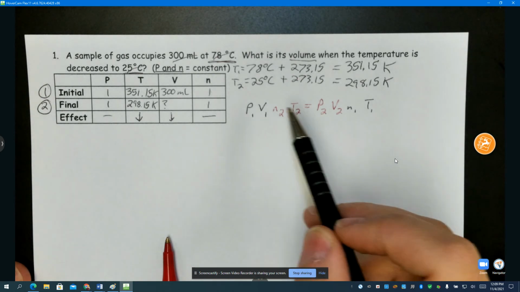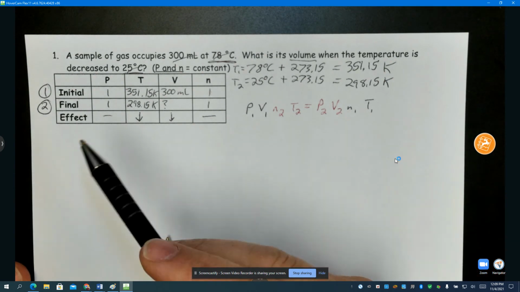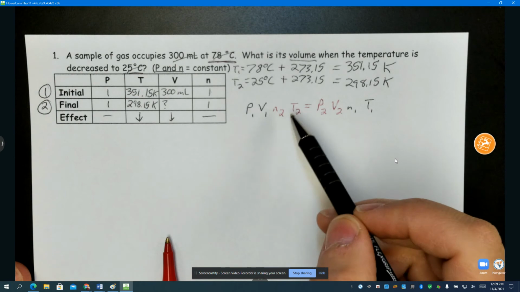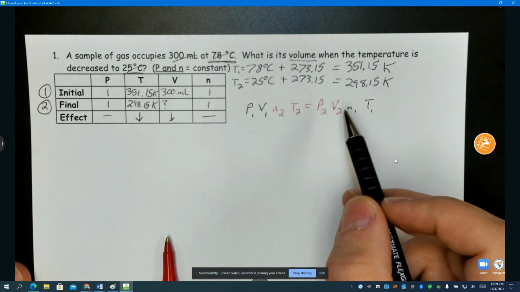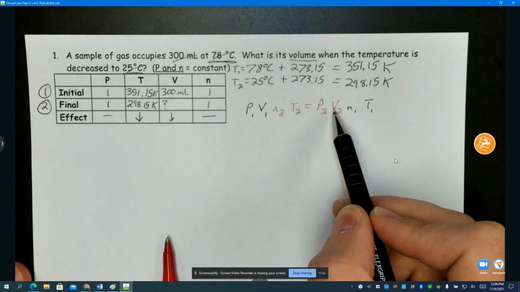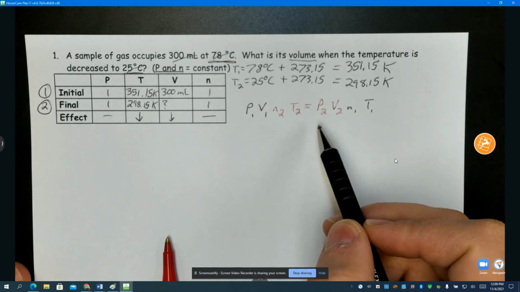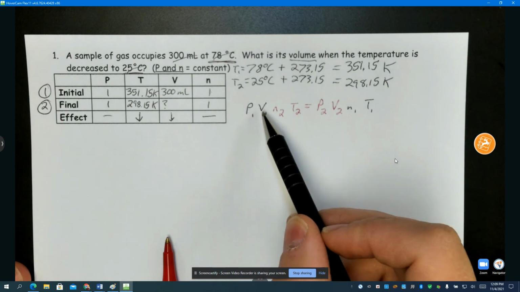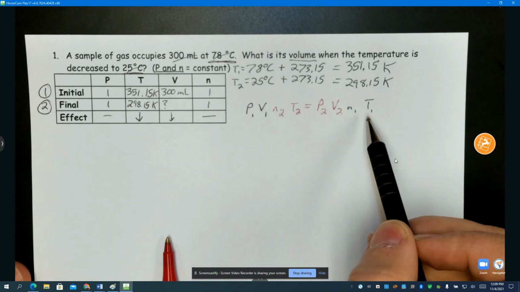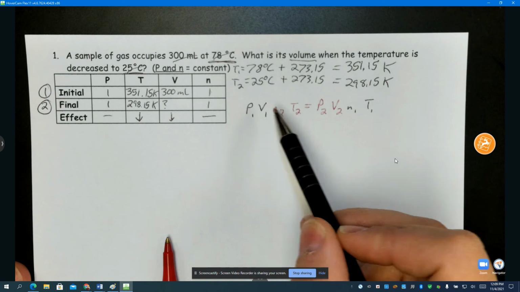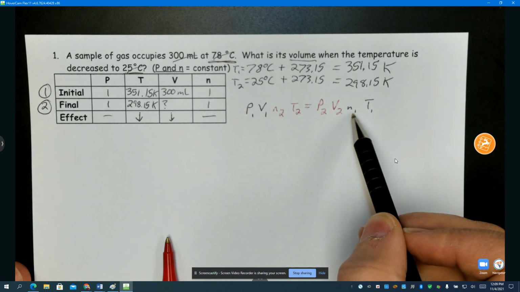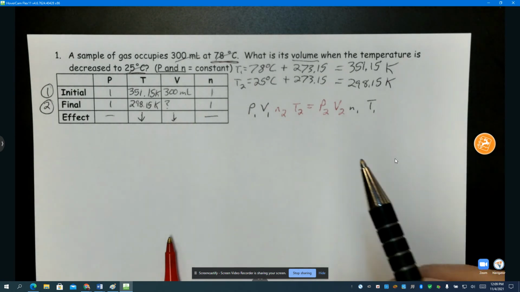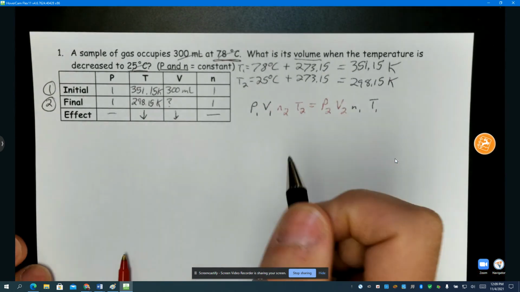But the P and the V are going to be opposite the N's and the T's for the same time. Now later, the final time, again, we have the N's and the T's together and the P's and the V's together, but they're on opposite sides of the equal sign. That's because these things are inversely proportional in relation to these other things, so the pressure is directly proportional to the number of particles, and the pressure is directly proportional to the temperature. That's why they're on opposite sides. But this is our equation.